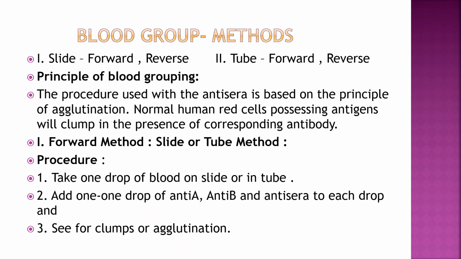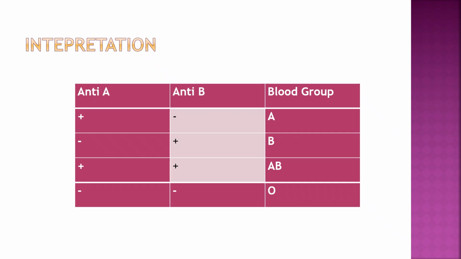You take 1 drop of blood and 1 drop of known antisera, that is anti-A and anti-B, add these two, wait for 2 minutes and look for clumps. If clumps are present in anti-A and no clumps in anti-B, then it is A group. If clumps are present in anti-B and no clumps in anti-A, it is B group. If clumps are seen in both anti-A and anti-B, then it is AB group. And if no clumps are seen, it is O group. O group means no antigen.